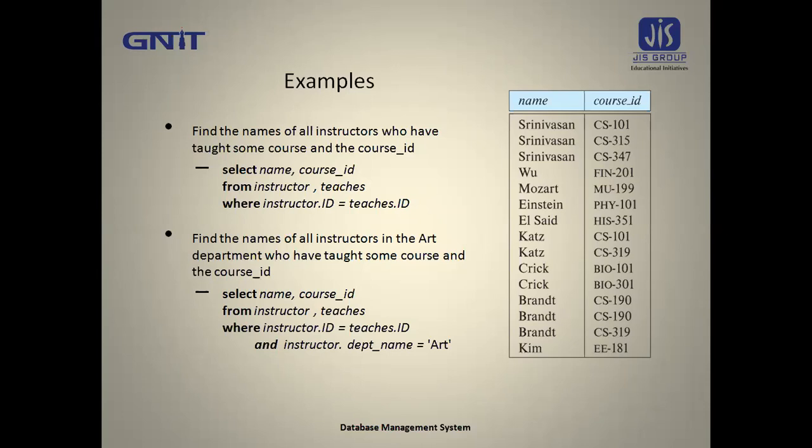So how are we going to do it? We are writing select name comma course ID from instructor comma teachers, the Cartesian product, where instructor.id equal to teachers.id. Okay, so that is the predicate, and the second predicate, instructor.department name equal to art. So only those instructors whose department name is art will be selected, and their corresponding course IDs will be printed.